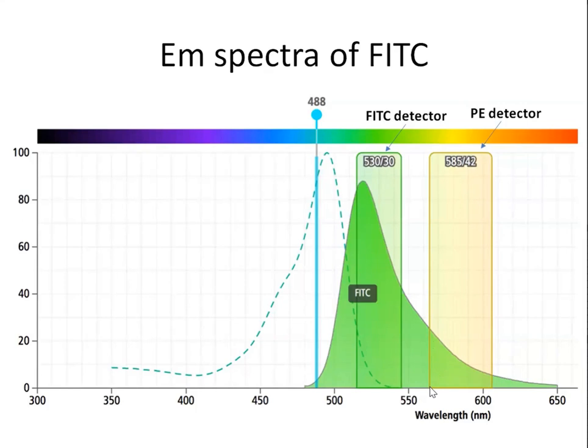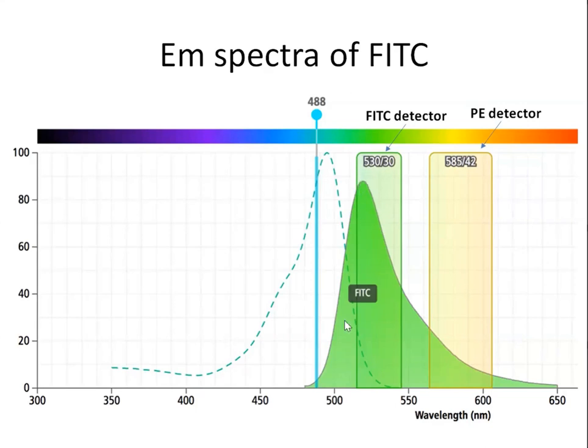It is not that it gets excited only at one particular wavelength. At one particular wavelength it gets excited to the maximum, which is called the excitation maximum. Similarly, emission is a spectrum, but the maximum emission happens at 530, which is why you have kept a filter like this to collect the FITC light, the FL1 channel.